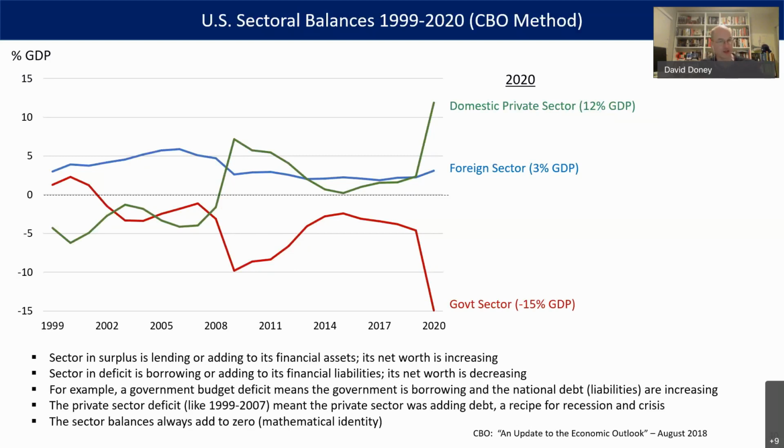So it wasn't a policy choice that drove this big difference here in green and red, which is very different from what happened here. So in 2020, the government drove this giant domestic private sector surplus by passing the CARES Act, a piece of legislation, and all that $2 trillion was in 1 year, 2020.